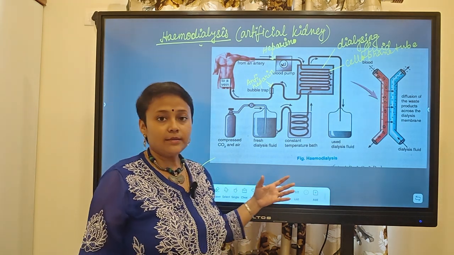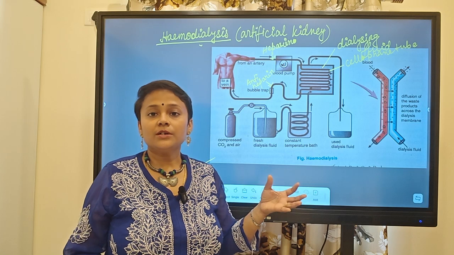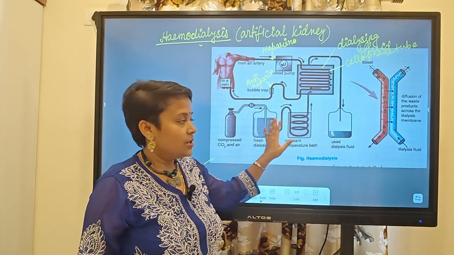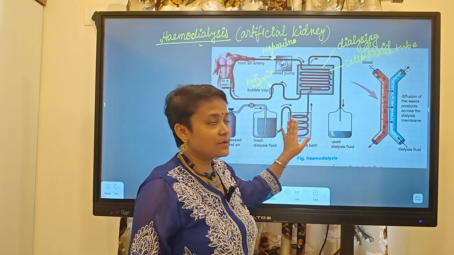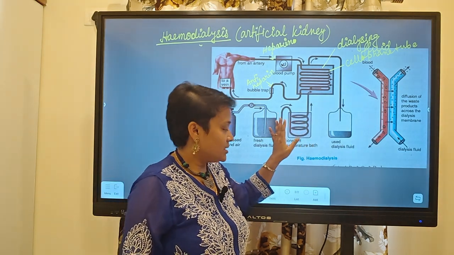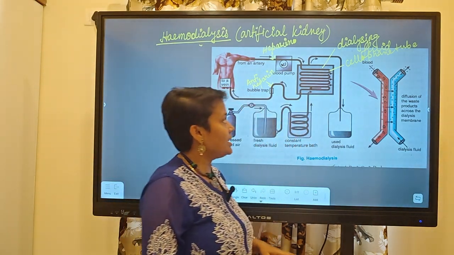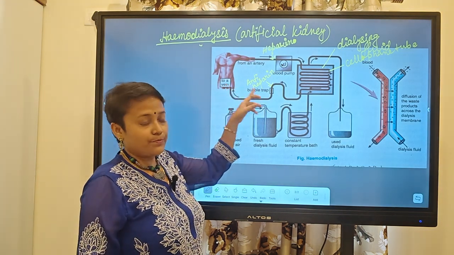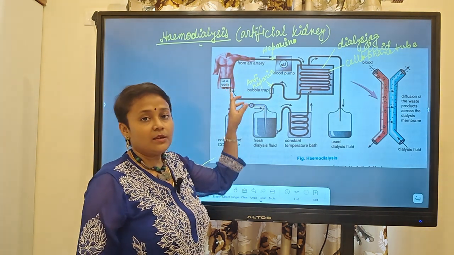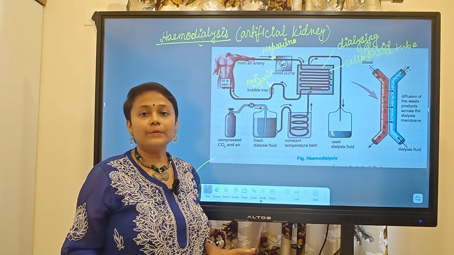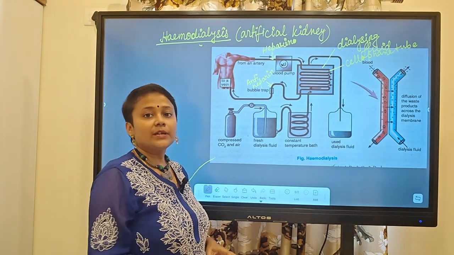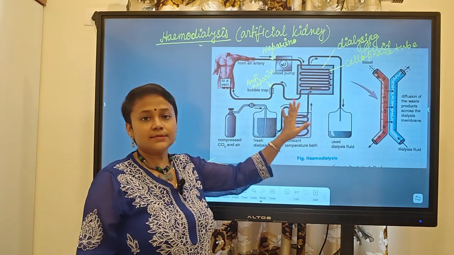And to maintain the temperature of the dialyzing fluid, there will be a water bath or temperature bath. Now what will happen in the vein? When the blood is transferred into the vein, this blood will not have any nitrogenous waste. So the function of the kidney will be done by this unit.